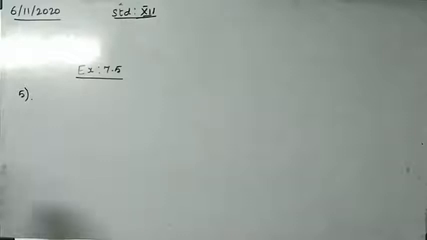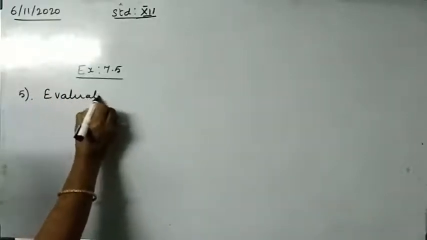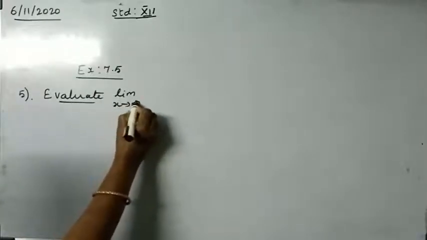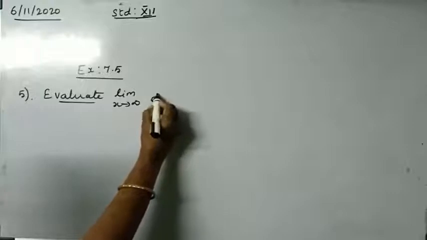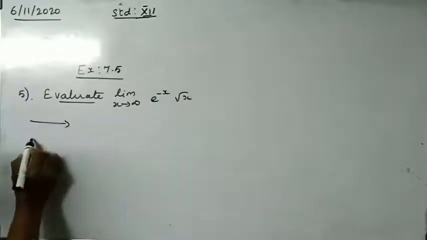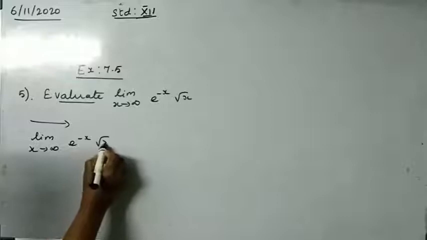Now question number 5, evaluate limit x tends to infinity e power minus x root x. Now take this question and write limit x tends to infinity e power minus x root x.